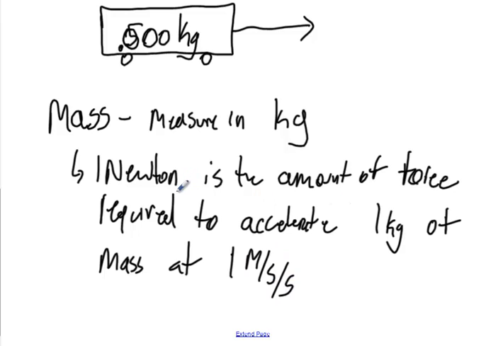Okay. 1 newton is the amount of force required to accelerate 1 kilogram of mass at 1 meter per second per second. So if we have 0.5 kilograms, that's 500 grams, but we do want to leave it in kilograms.